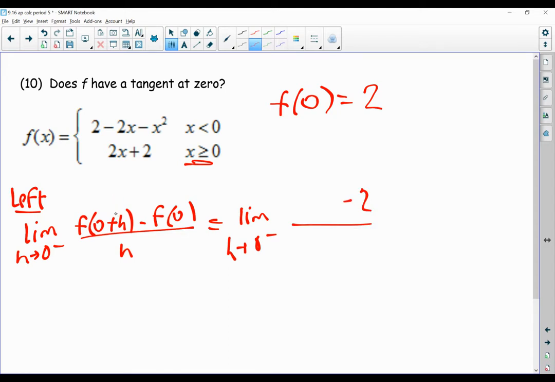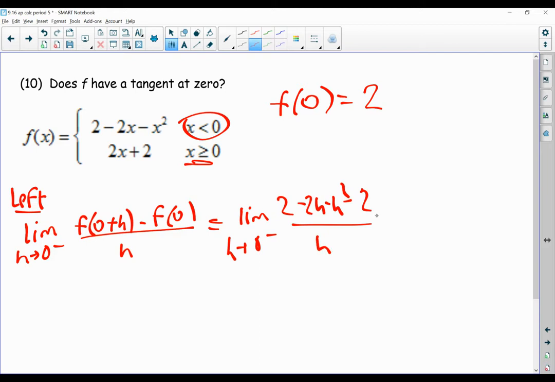For 0 plus h from the left, I am going to use the left side expression. Since 0 plus h is just h, I plug h into the left expression, and I end up with that expression.